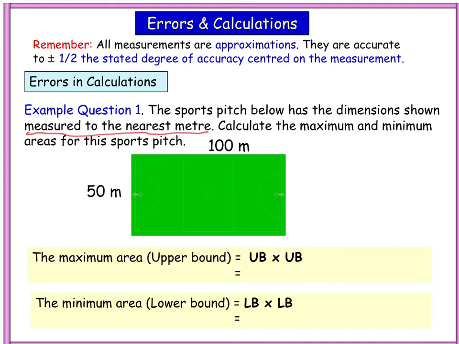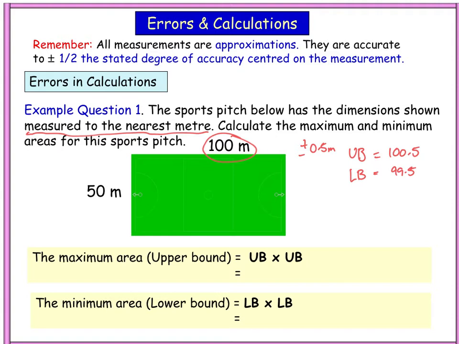Now the top one is 100 metres, and it's measured to the nearest metre. So what we're going to do here is add and subtract half of that, or 0.5 of a metre. So the upper bound for 100 metres is 100 plus half a metre, which is 100.5. And the lower bound is 100 minus half a metre, which is 99.5.